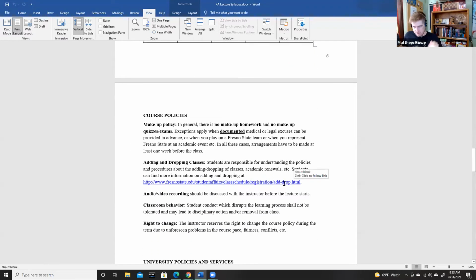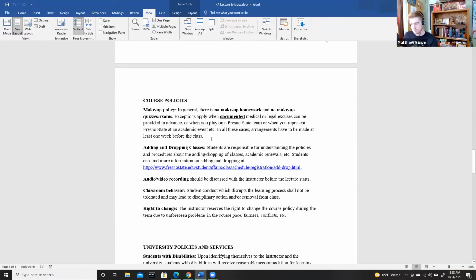Then the rest of the syllabus is just sort of official business, makeup policy. We're going to be going too quick for any makeup work. If you have an official reason, you go to the hospital, you are doing something official, jury duty, anything like that, you can then get some makeup work for homework or exams, quizzes.